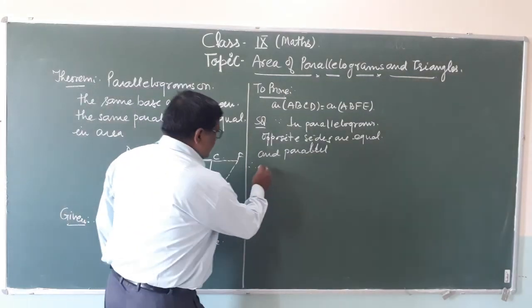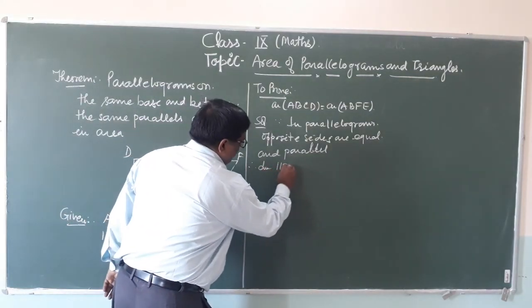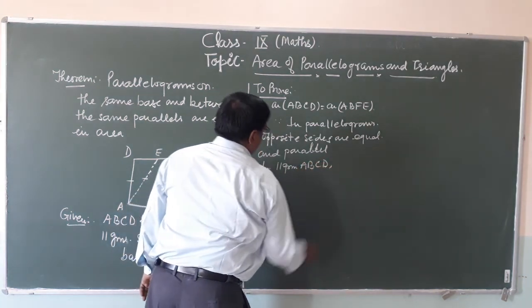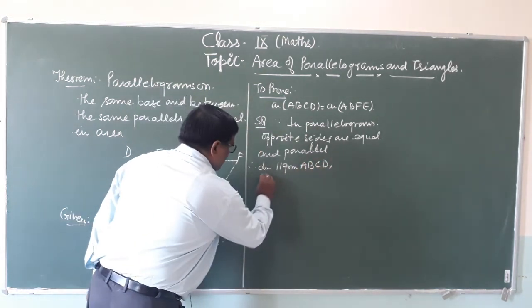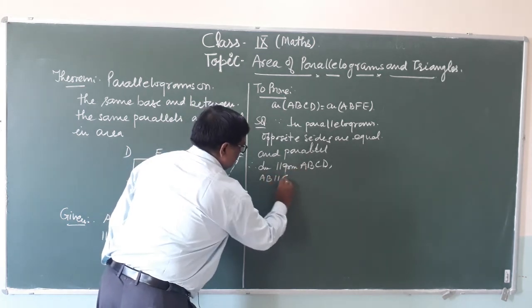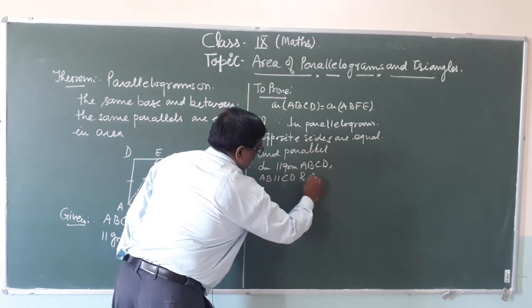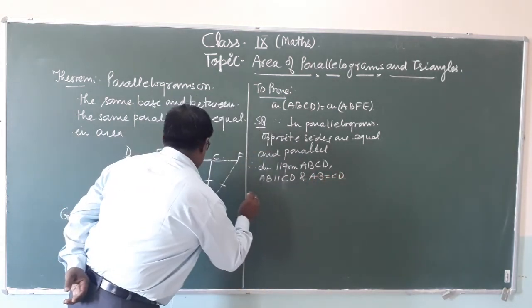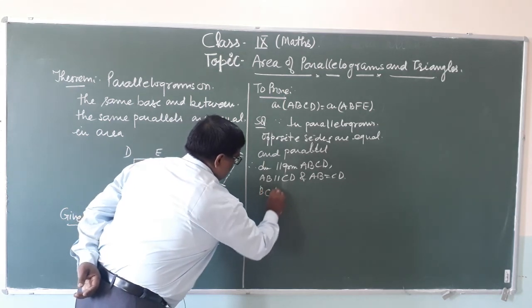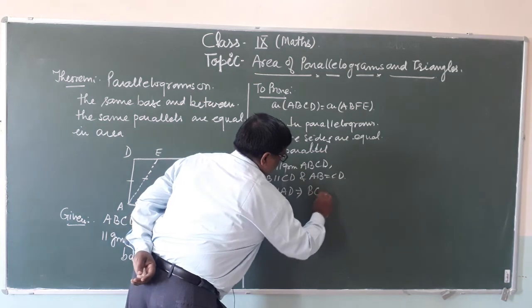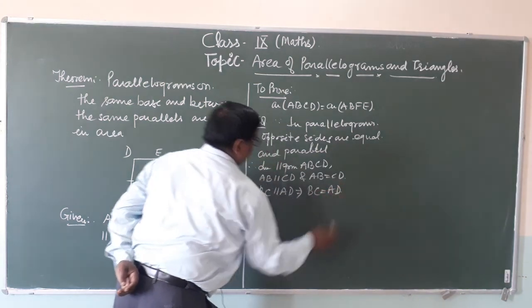Therefore, in parallelogram ABCD, AB is parallel to CD and AB is equal to CD. Now BC is parallel to AD, this implies that BC is equal to AD.